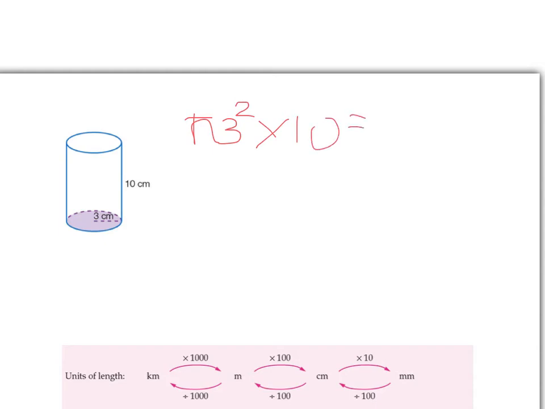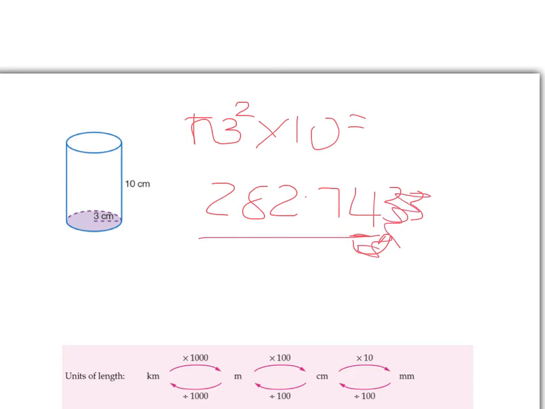You put that into your calculator, pi times 3 squared multiplied by 10, and I get 282.74333. They often say correct to 2 decimal places. So for this one, that's the second decimal place. That 3 doesn't help it, so the answer will be 282.74 centimeters cubed.